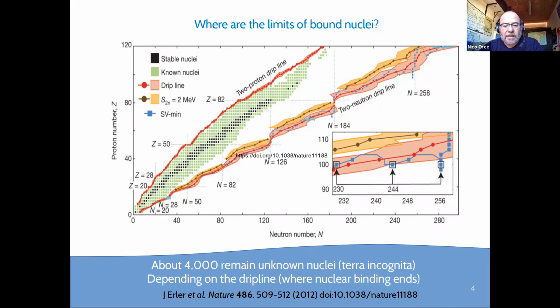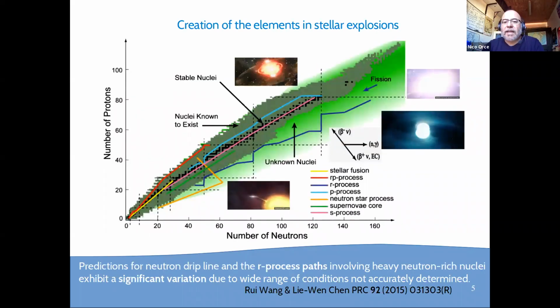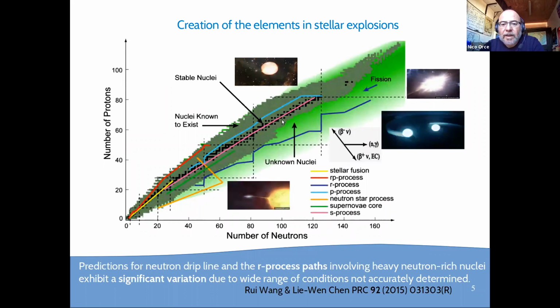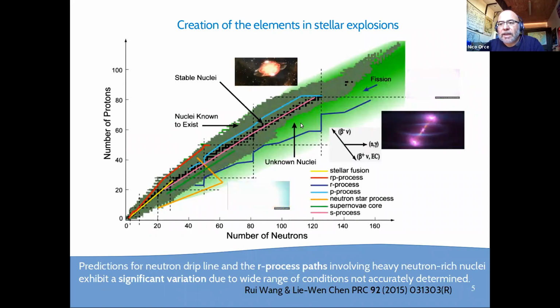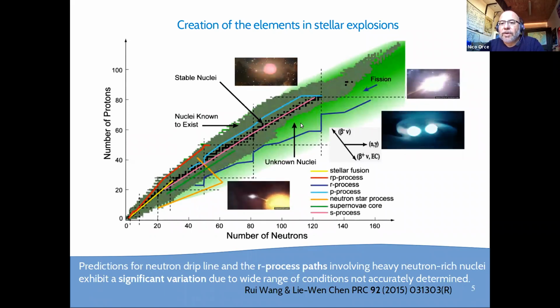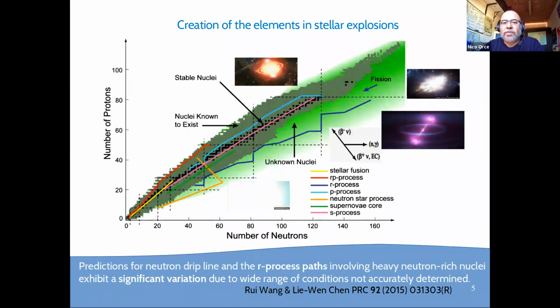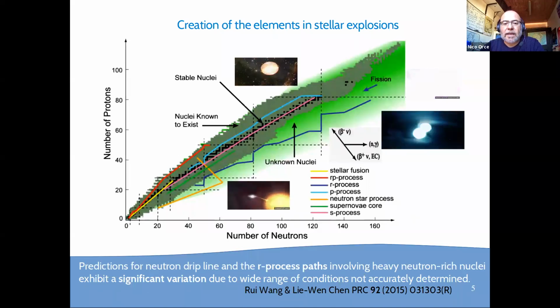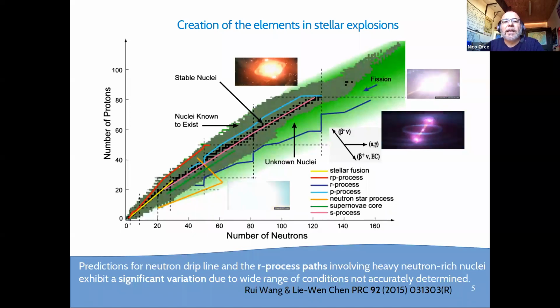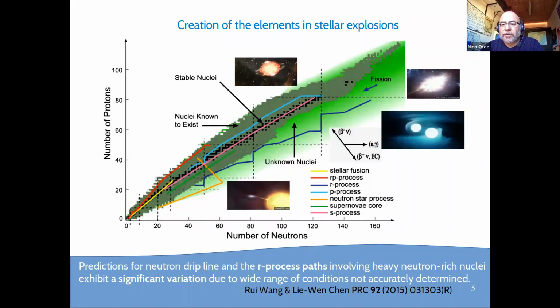I mean, this creation of elements. How are they created? This is what we are also studying, because we don't know why. There's a certain property which tells us that the abundance of elements in our universe is quite universal. As you know, and we went through this in the first prac, the sodium prac, the elements are created in stellar explosions, and these energies are enough to produce lots of neutrons.